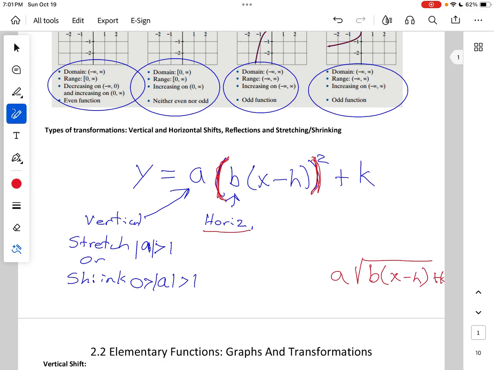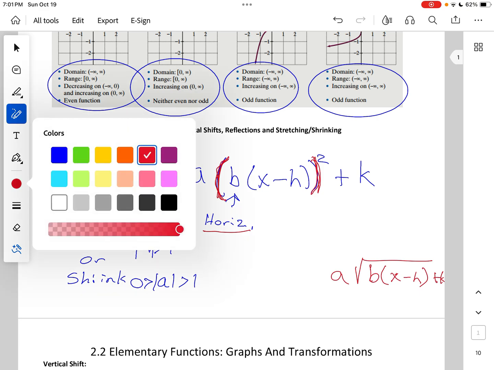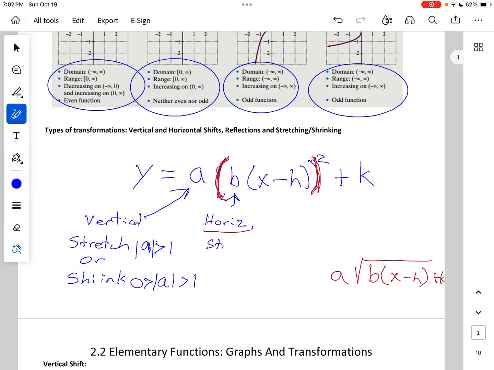Okay, we have a horizontal stretch or shrink for the b, and then behavior is opposite in here with the x. Okay, so think that inside here behavior is opposite.